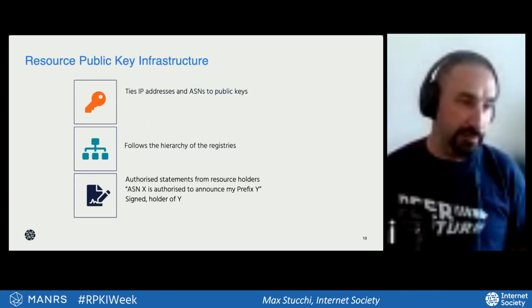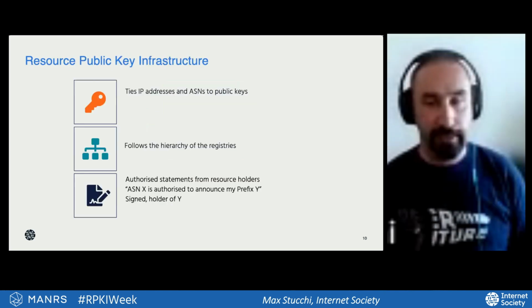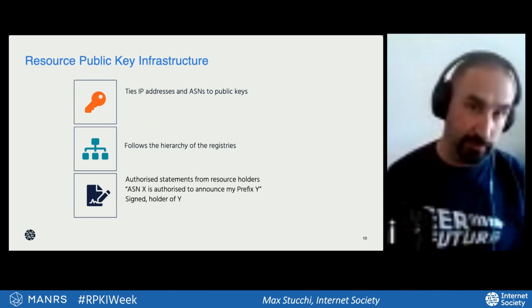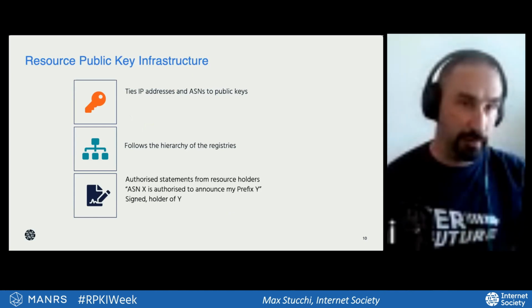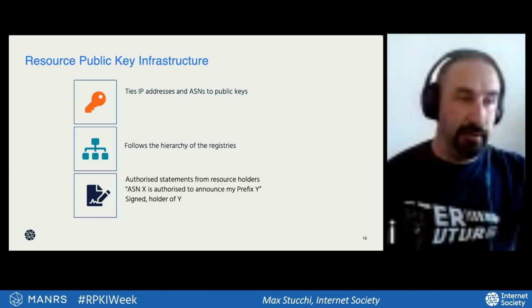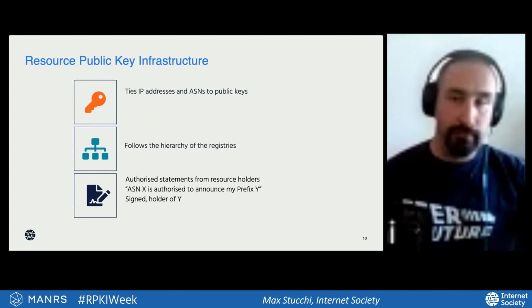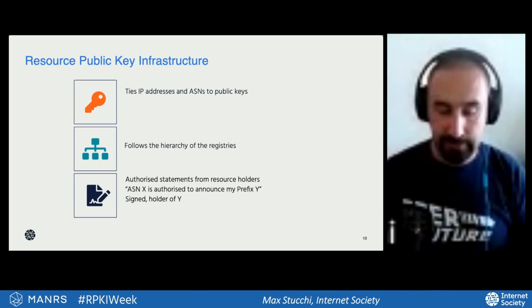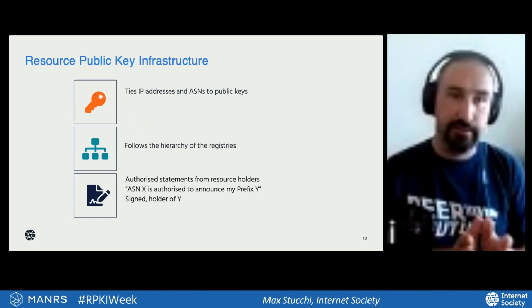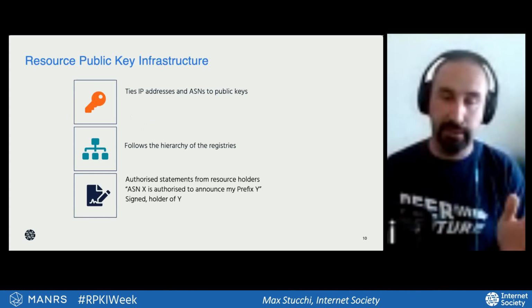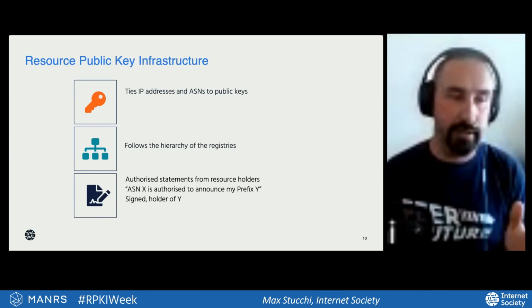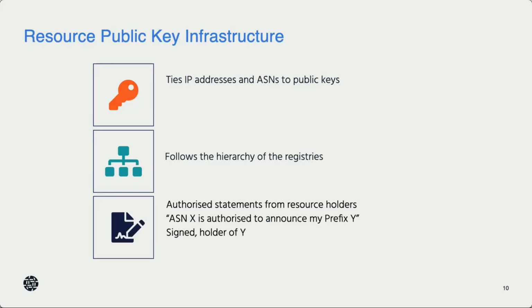Now, we get RPKI, which helps us tie, as we did in the RIPE database or previous IRRs, IP addresses and autonomous system numbers. So we have these two parts of data, but we also tie them to public keys. So we add something on top of what we had, following the hierarchy of the registries, so that we can easily associate with each and every one of the registries. None of them were excluded.